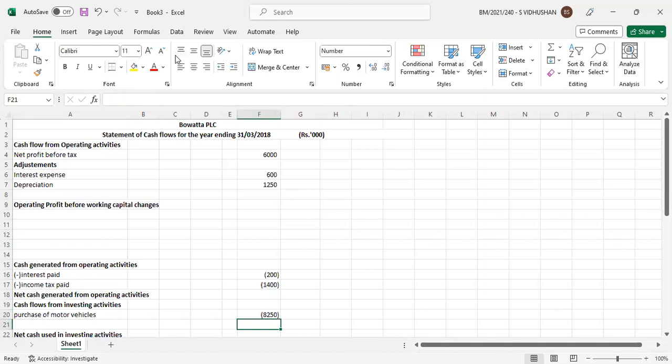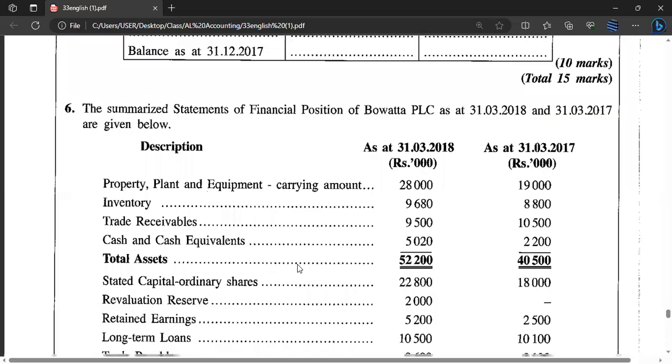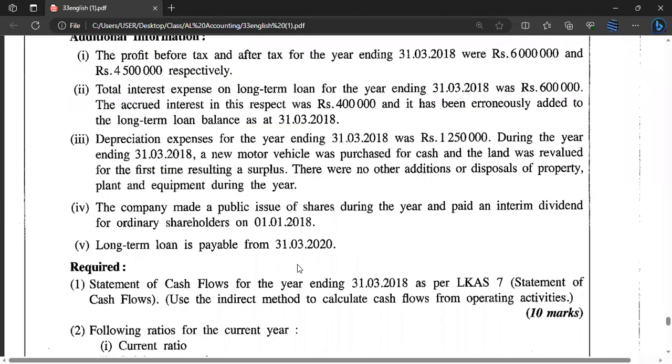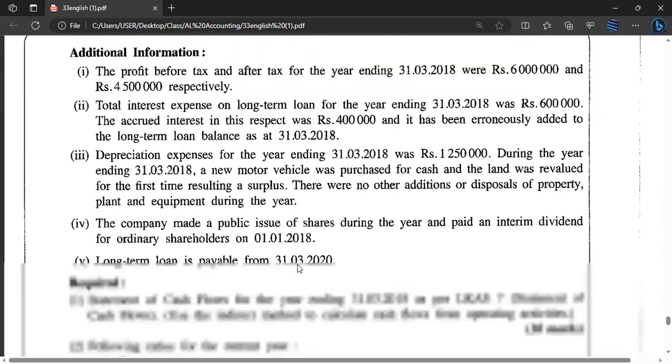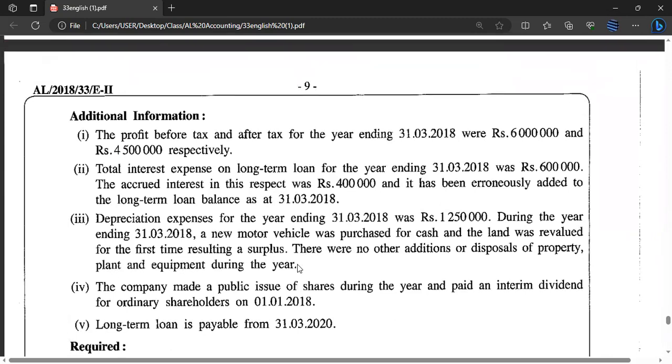Now let us look into the next additional information. The company made a public issue of shares during the year and paid an interim dividend for ordinary shareholders on 1/1/2018. Right. So they have made an issue of shares.